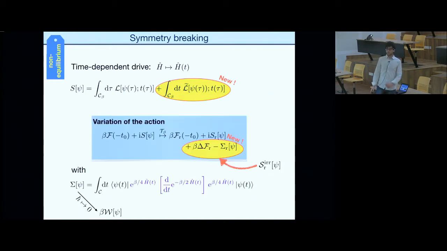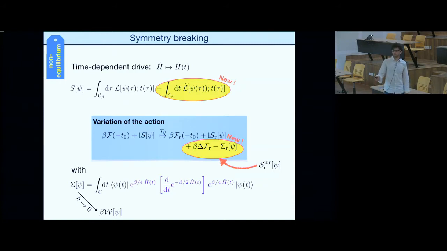If you play the same game of looking at the action, this is always this free energy piece that I basically pull out from my original initial partition function, which I like to put upstairs, very close to the action. If I look at how the action is now transformed under the symmetry transformation that I had before, it comes in two pieces.